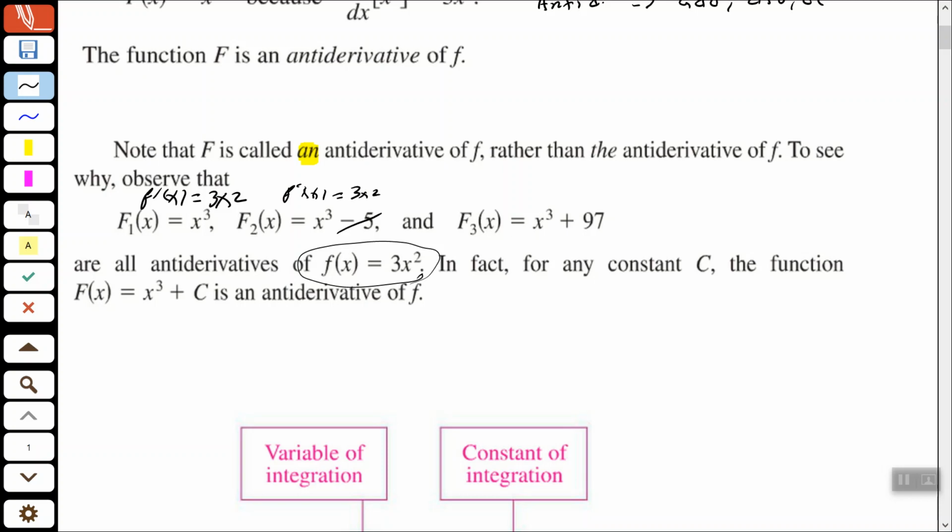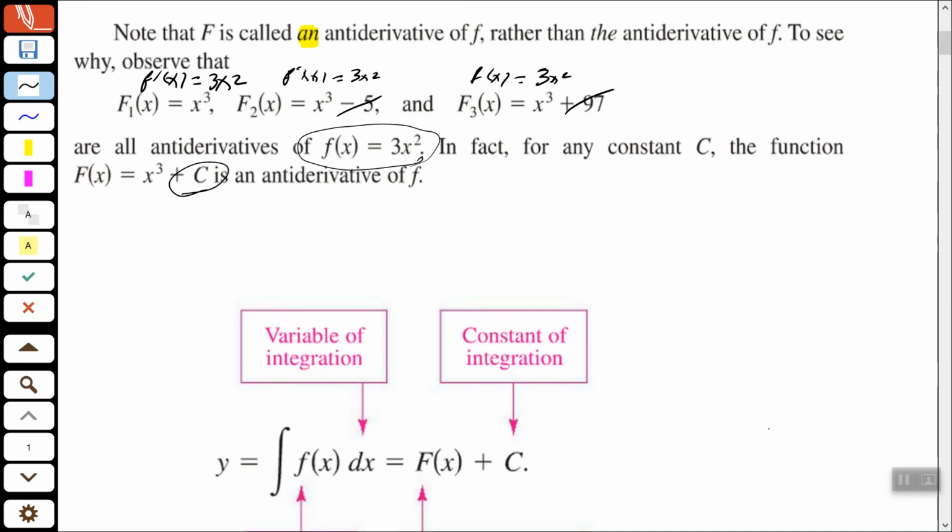If we found the derivative of this last one, that would still be 3x squared because the derivative of a constant is 0. Therefore, for any constant c, the function capital F of x equals x to the third plus c. This plus c we call a constant of integration.